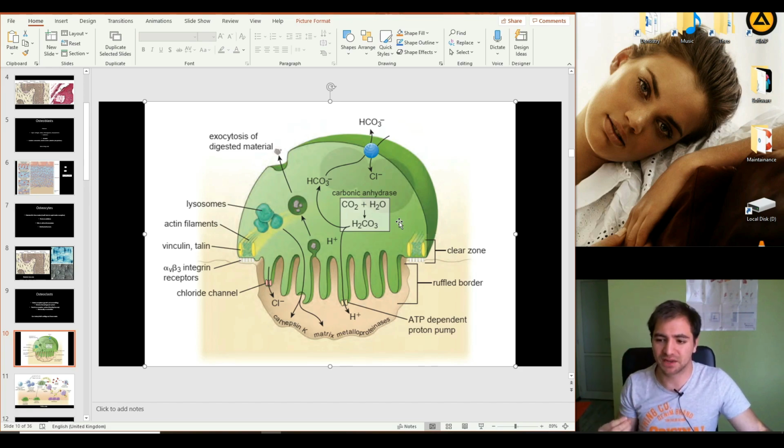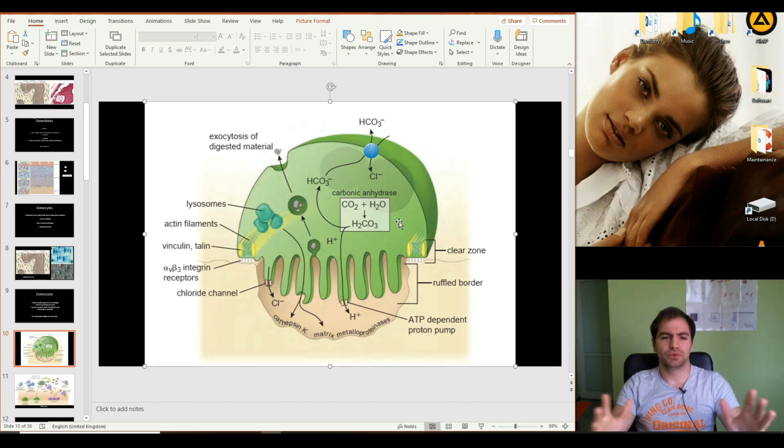The same enzyme can play many different roles and many different functions. So in the erythrocyte, this carbonic anhydrase plays a role in carbon dioxide handling. In this case, it plays a role in the formation of acid. So of course, the calcium hydroxide, the osteoclast uses this enzyme to produce potent acids to destroy the bone.